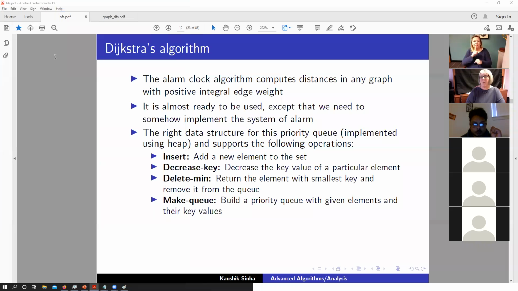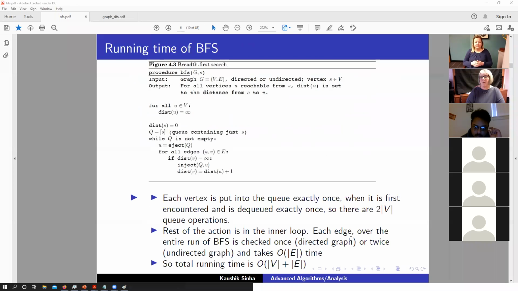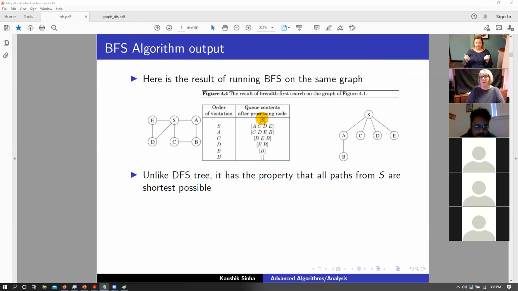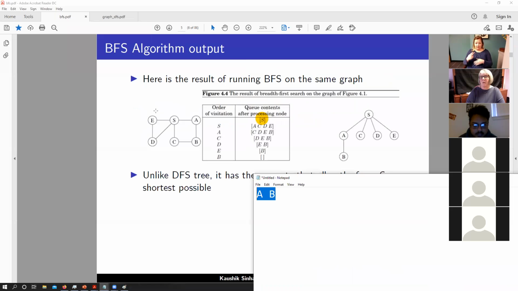Okay, so if we go back to the previous example, let's say that instead of this particular graph, we insert certain things. Let's say that we have S and then we had A, C, D, and E, right? Let's say that from S to A has a weightage of, let's say, 10.